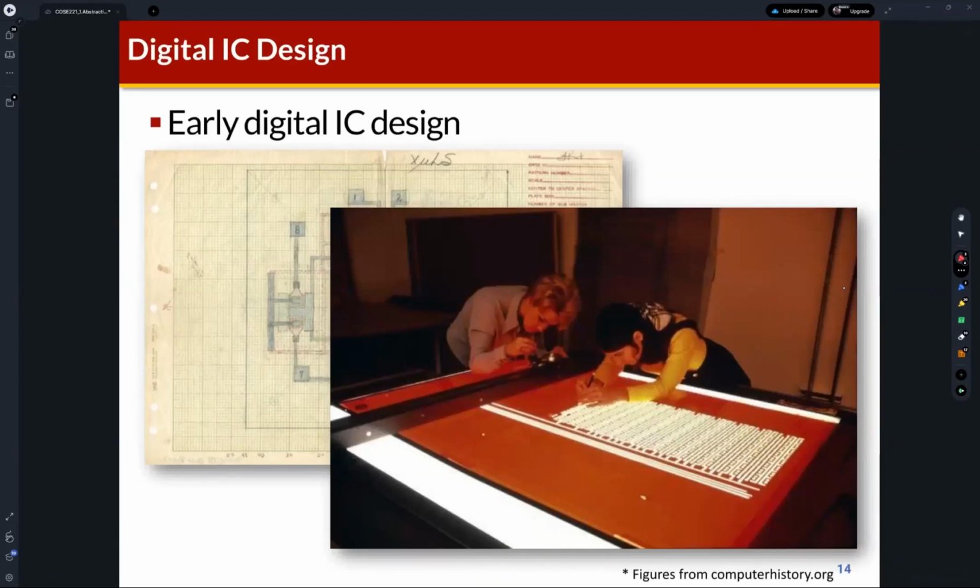In the early stage of the semiconductor industry, engineers drew circuit layers by hand, manually. Recently we use CAD tools, computer software, to design ICs, the integrated circuits. But in the early stage of the semiconductor industry, engineers just did this layout by hand.